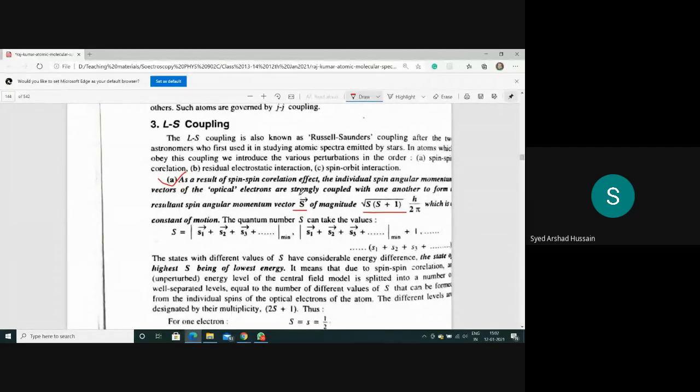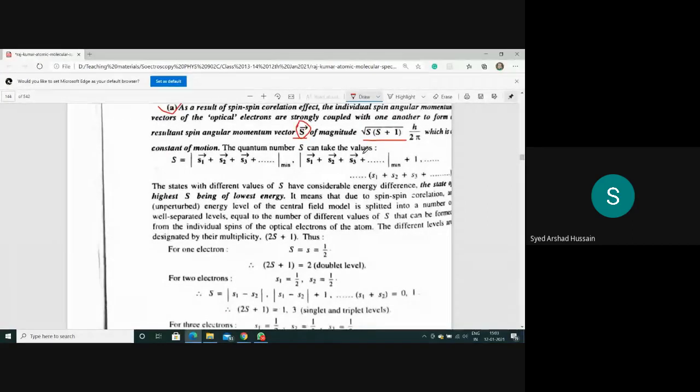This capital S is a constant of motion in case of more than one optically active electron. S is the resultant of interactions of all the spins of all of your optically active electrons.